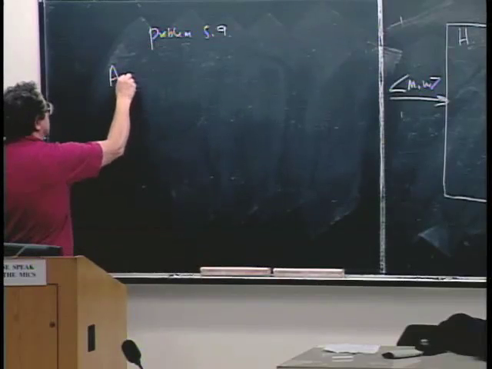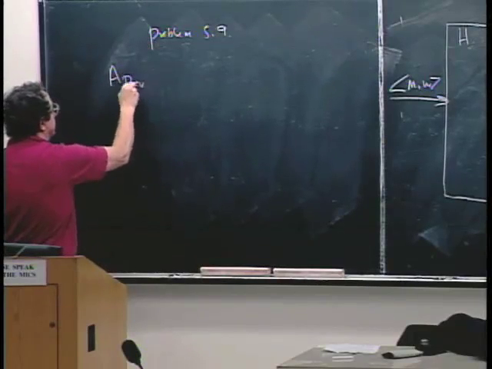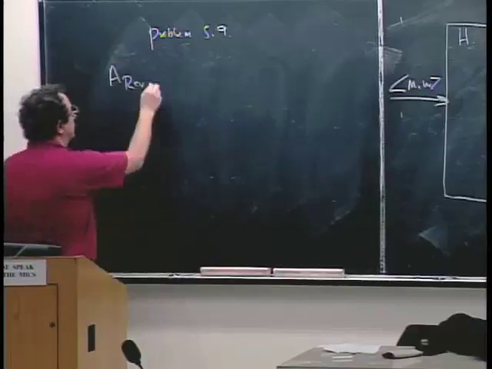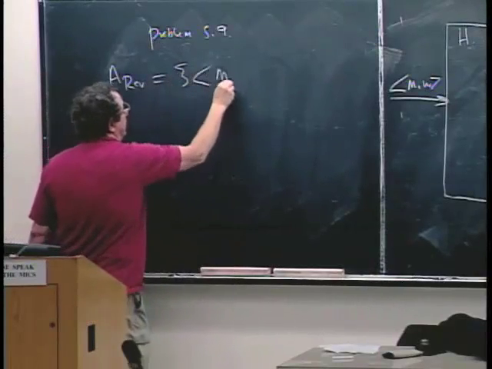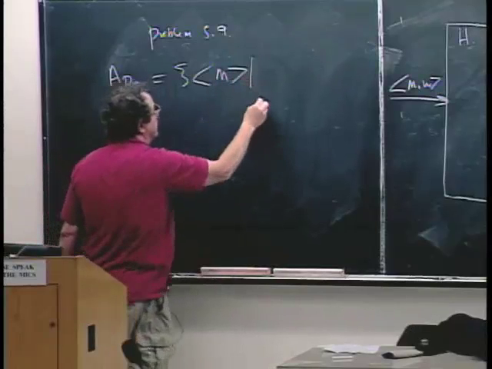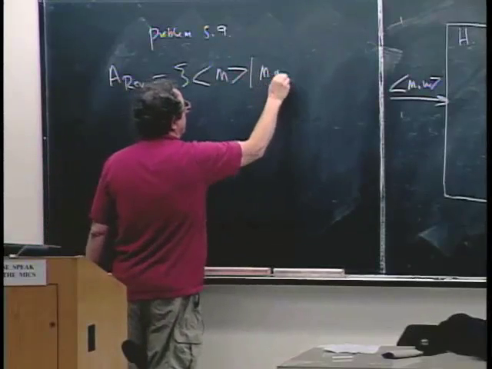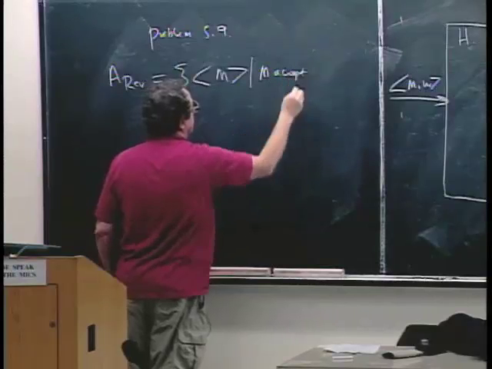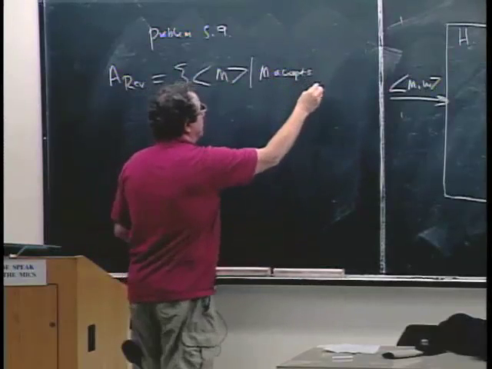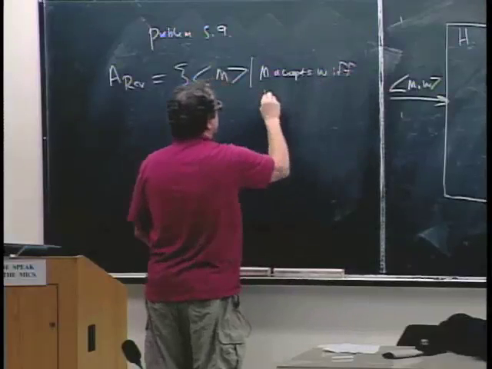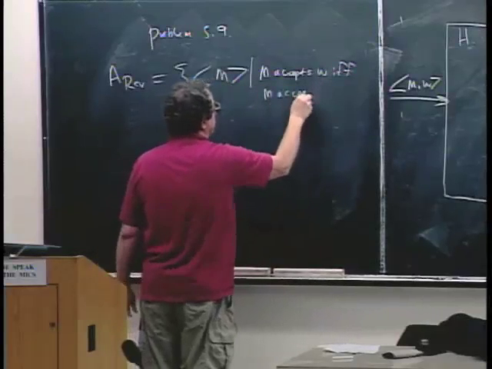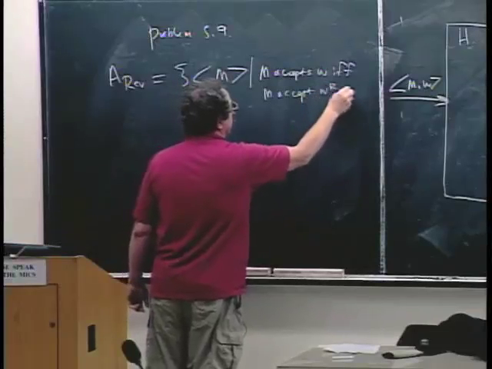A reverse. Okay, so I don't know whether that's the right name. It's probably not. The set of M such that M accepts W if and only if M accepts W reverse.